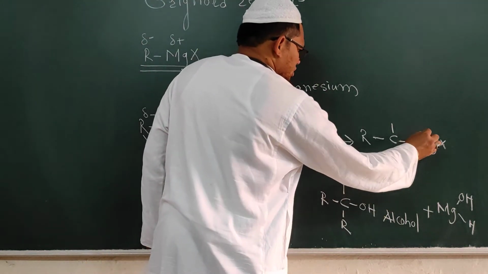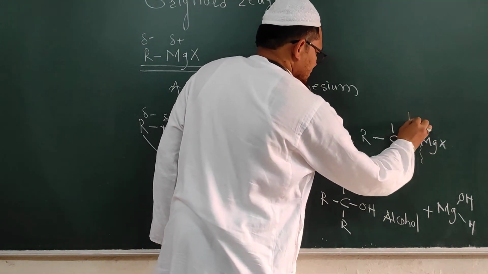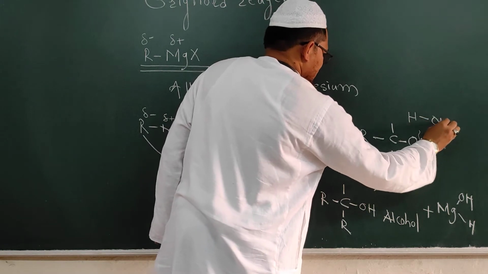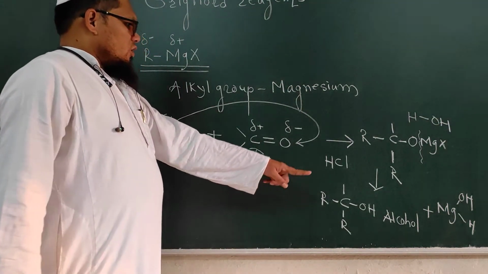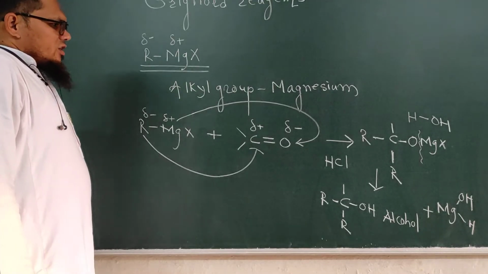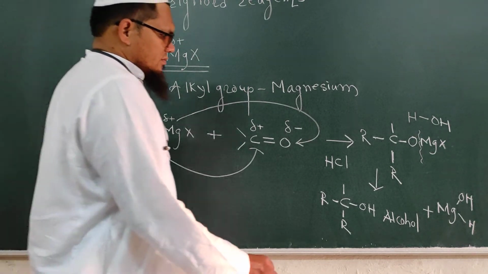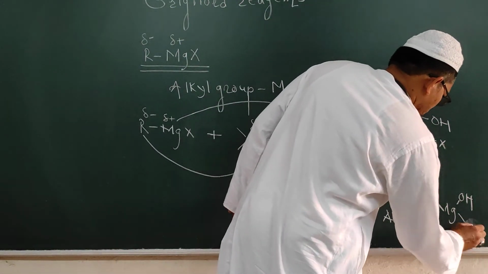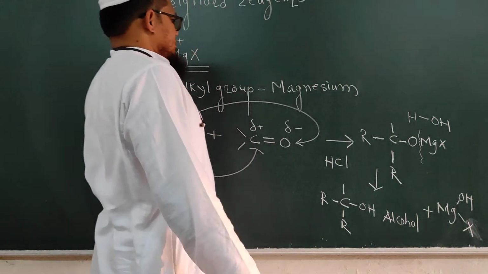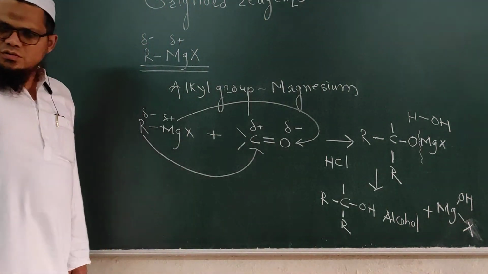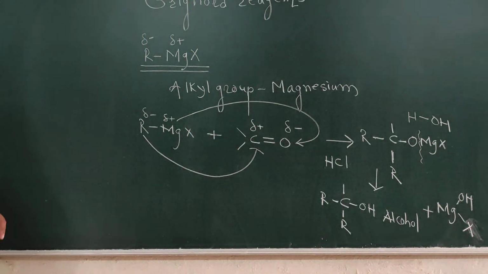This will break from this point, H and OH, leading to the formation of alcohol and a magnesium compound, here it is Mg(X)OH. Okay, this is the general example.